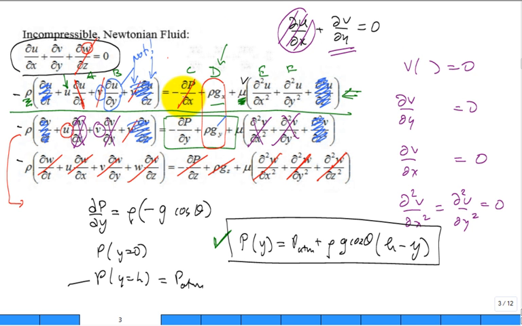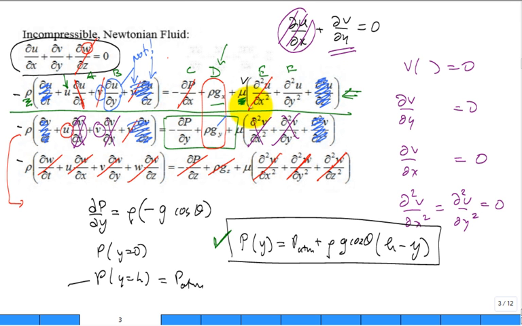D, the term that I should have labeled earlier, is not zero. It's staying in the equation. Okay, but E or F, one of those two terms is zero. E. Okay, why E? The second derivative with respect to x, once it's fully developed, it's zero.